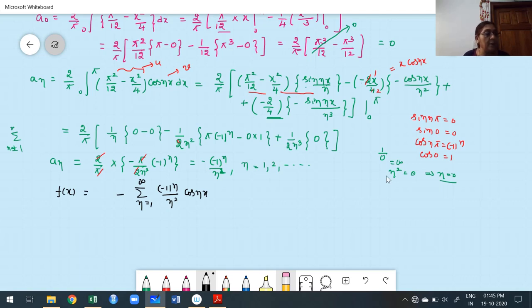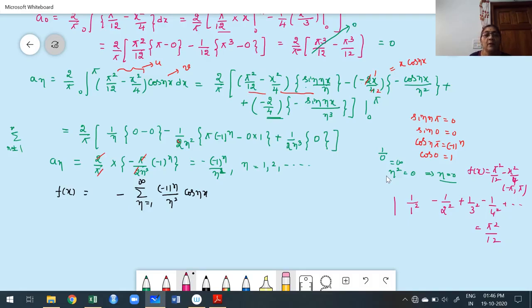What they're expecting in the problem, since it's not on the screen, I'm going to write as the deduce part: 1 by 1 square minus 1 by 2 square plus 1 by 3 square minus 1 by 4 square plus and so on, equal to pi square by 12. The function is pi square by 12 minus x square by 4 in the interval minus pi to plus pi.